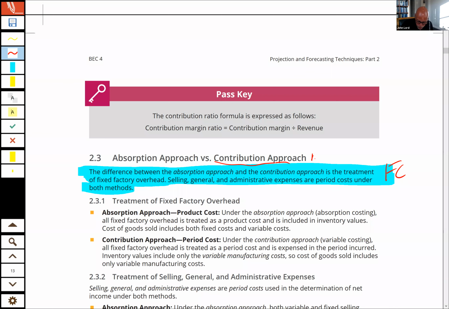Under, again, they call it contribution. Why don't you go ahead and put variables in case the exam uses the term variables, okay? Then we would take all our fixed costs and expense them immediately and calculate our contribution margin, okay?